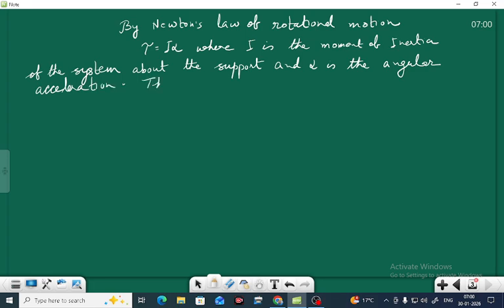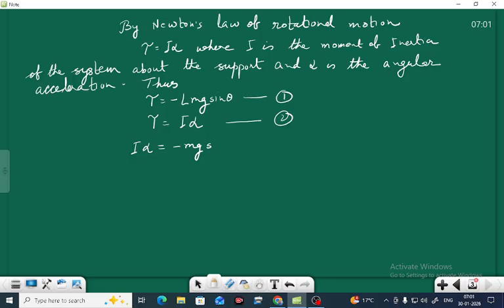Thus what we get is that tau is equal to minus L into mg sin theta. This is equation 1. And another tau we are getting as I into alpha, equation 2. So by equations 1 and 2 we can write that I alpha is equal to minus mg sin theta into L. This is equation 3.